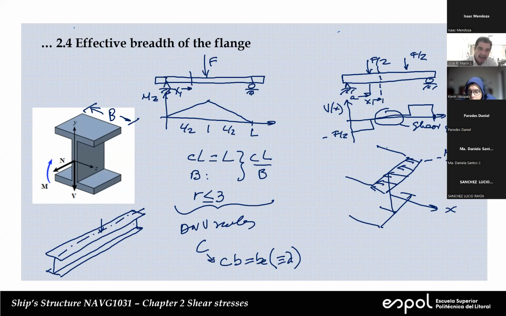So it was likely that there was some torsion involved in the problem. That means that the distribution of this stress would be a little bit different than the one that we calculated.